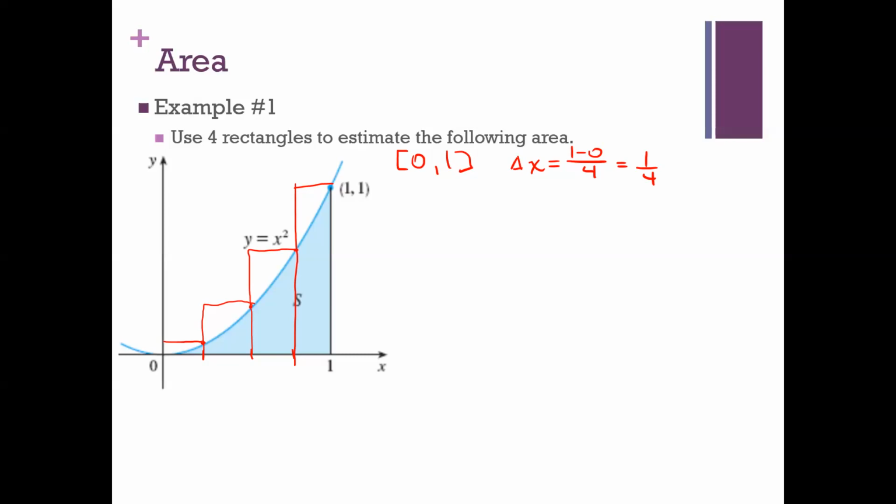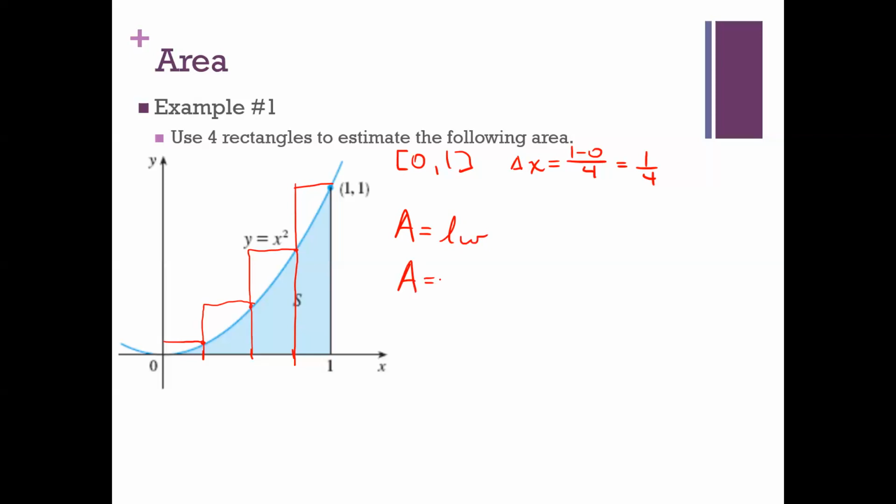How would I find the areas of these 4 individual rectangles? Let's start from the left and go right. How would I find the area of that first rectangle? Length times width. So in general, we're using rectangles, so area equals length times width. Let's do that specifically for this function.